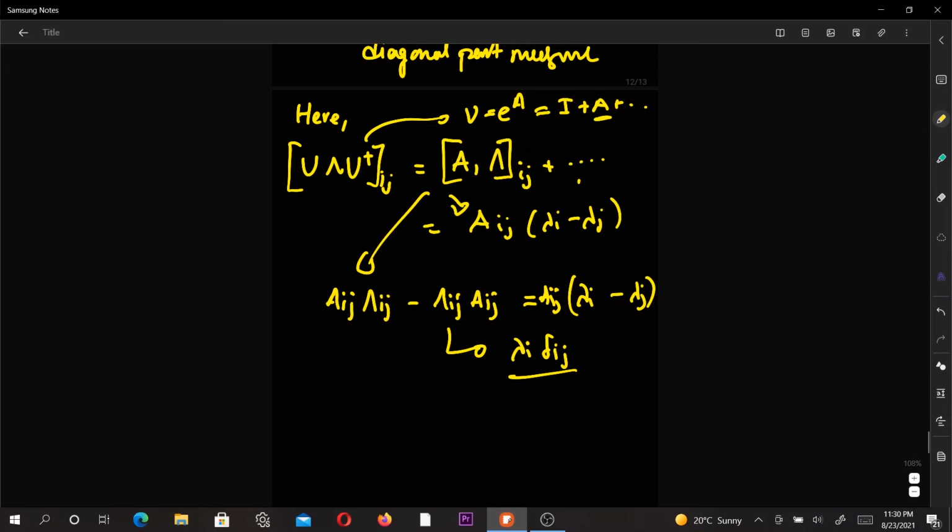If you have a quantity which is very small and you square that quantity, it's even smaller, because it is epsilon order small, that is, less than 1.